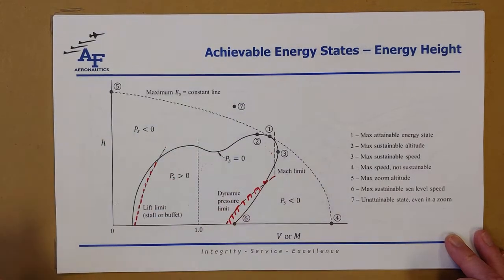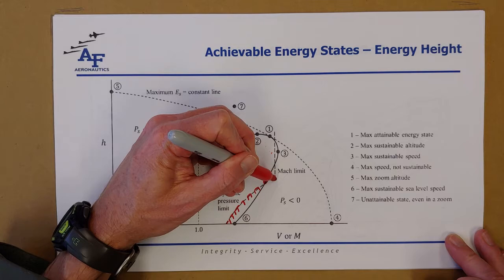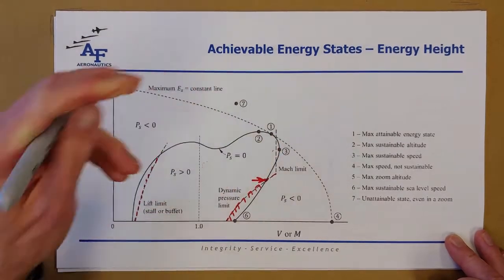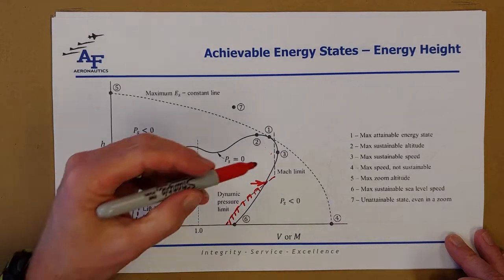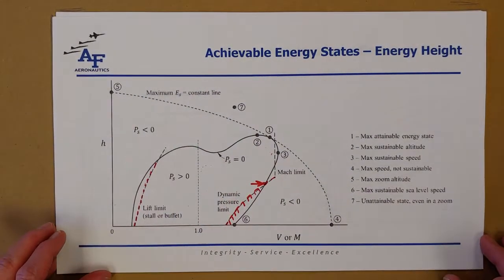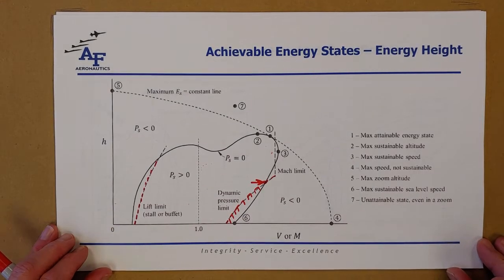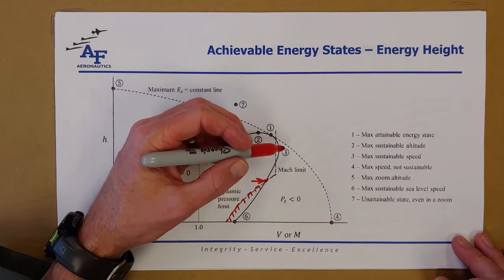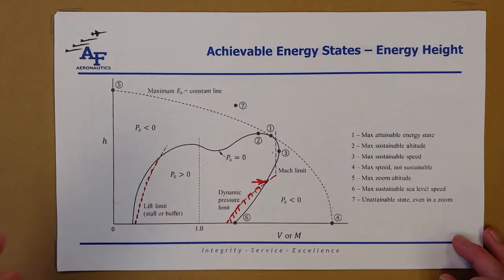Right here, this is P sub S equals 0, and this is the dynamic pressure limit, so in level flight, that's the fastest you'd be able to go. Now, some aircraft also have a Mach limit. In the case of the F-16, it's for the engine, among other things. So 2.05 is the Mach limit for the F-16.